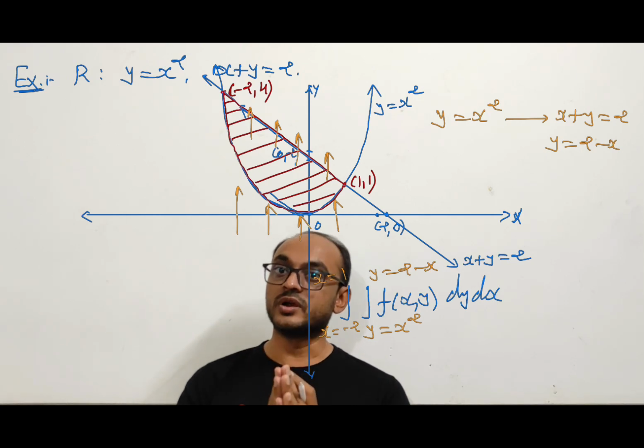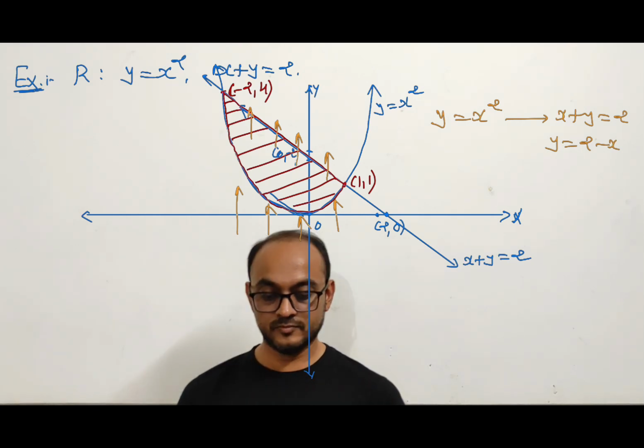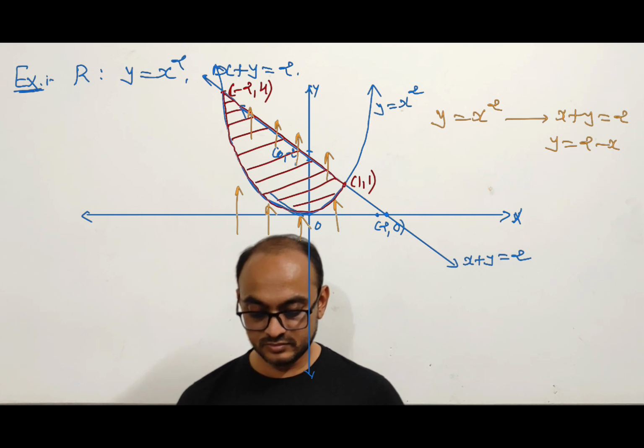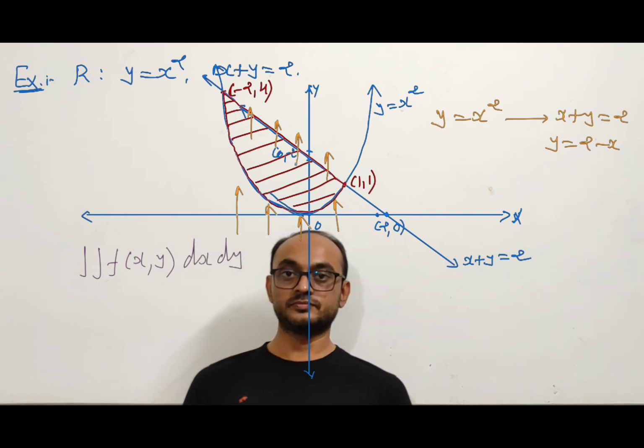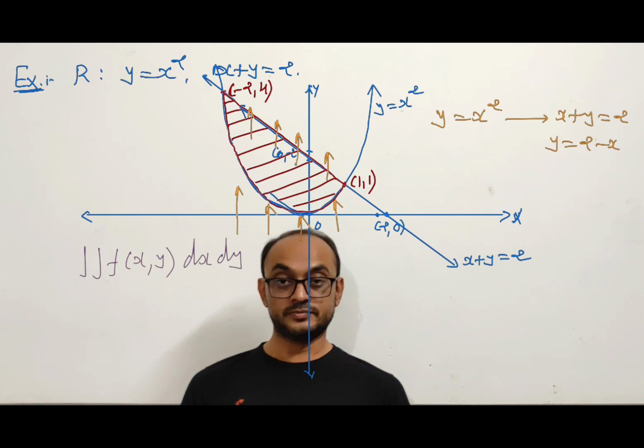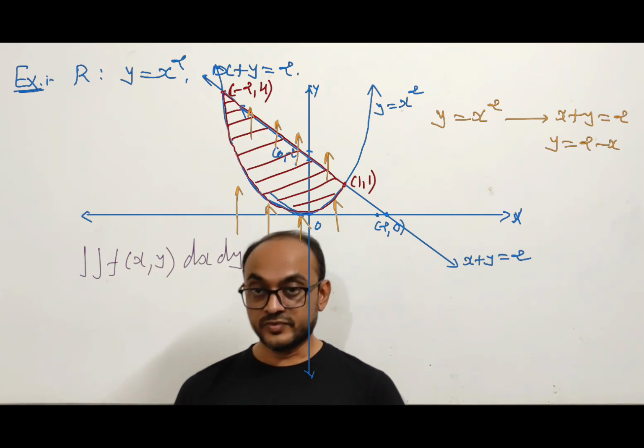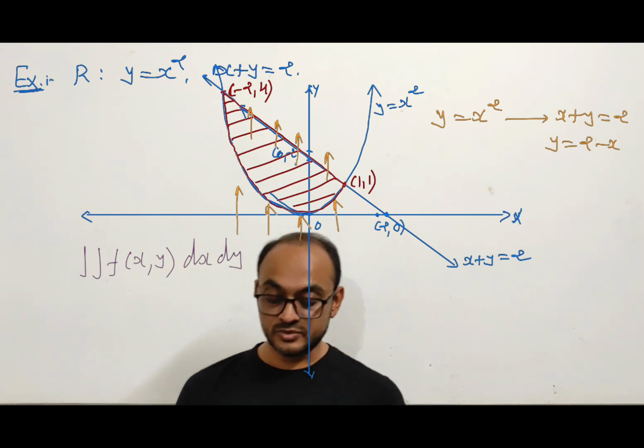Now let us write for dx dy. Double integration f of x y dx dy. Clear? Let us see what is happening here. dx, so from left side to right side.